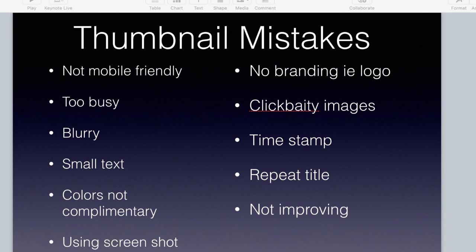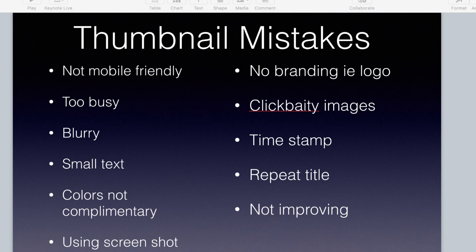Don't use clickbaity images because that's against YouTube's terms of service. If you use a clickbaity image and your video doesn't mesh with or complement the image, then you're going to have a high click-through rate initially, and then a low average view duration.